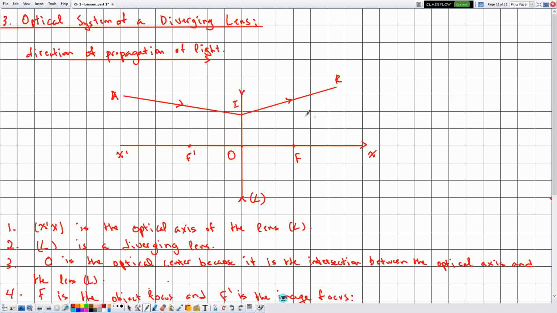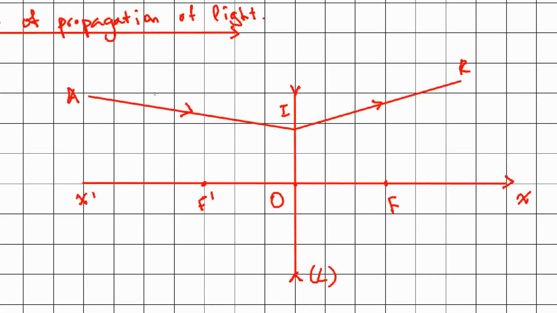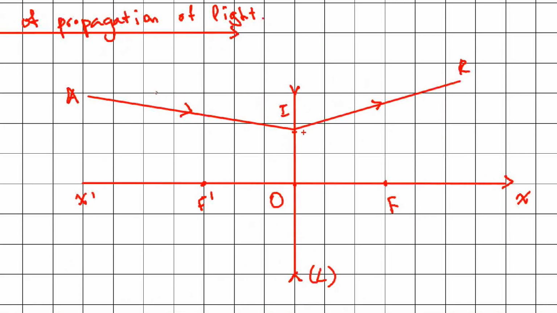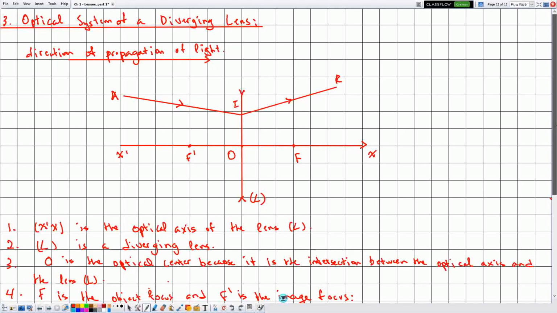As you can notice here that I have drawn the emergent ray in such a way. If I complete the incident ray to be dotted, we can notice that I have drawn the emergent ray in such a way that it's emerging away from the optical axis, coming out away from the optical axis, and this is an important property for a diverging lens.